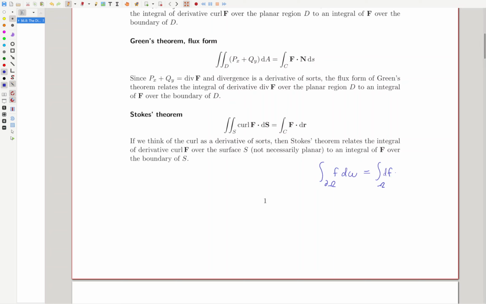Something is not quite right in how this is being expressed. Okay. Yeah, so this is probably not exactly what you find, but this is Stokes' theorem in general.